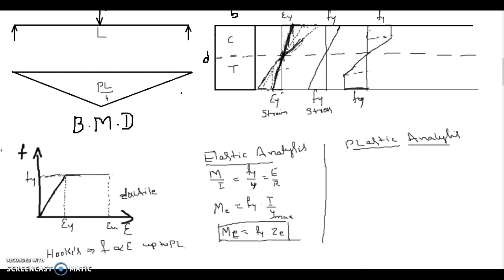The strain in all the layers in the section is more than my yield strain. For that case, if I write my stress profile, this is how it's going to look like.